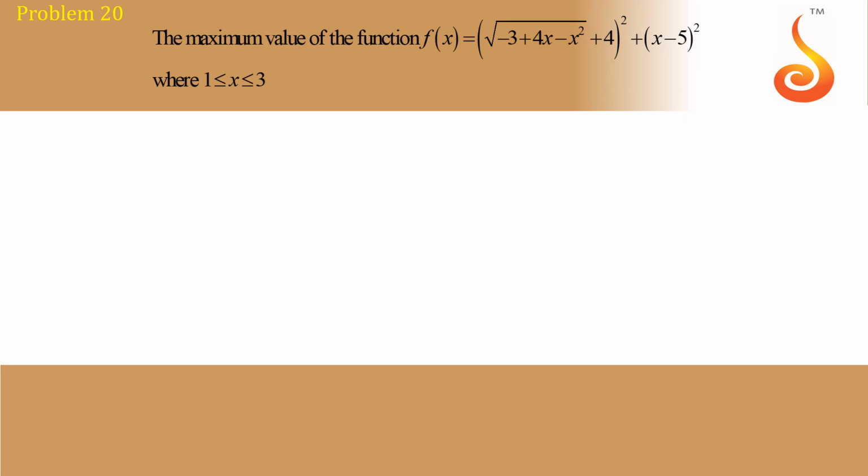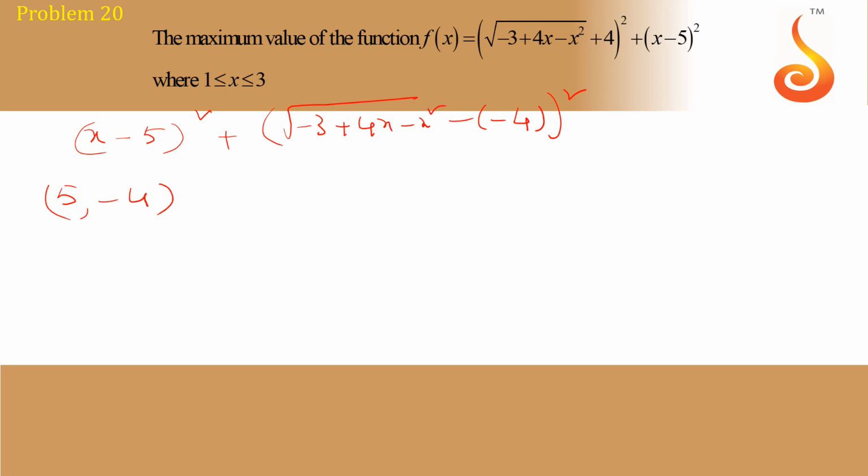Now if you observe carefully, I am treating the problem like this: (x minus 5) whole square plus (under root of minus 3 plus 4x minus x square minus of minus 4) whole square. So if you observe like this, there is a point 5 comma minus 4.